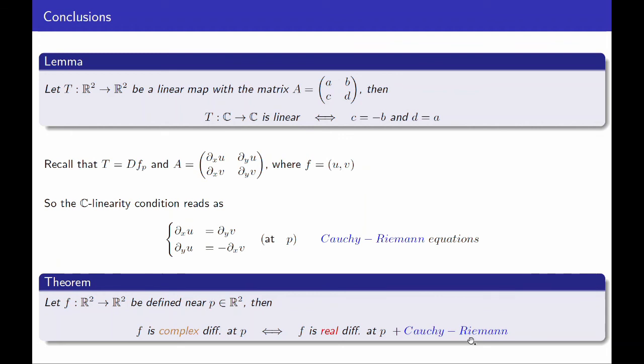So we see that complex differentiability is more than real differentiability, so it asks for these extra two conditions to hold at the point p, which are partial differential equations. So hopefully this sheds some light on the difference between real and complex differentiability.